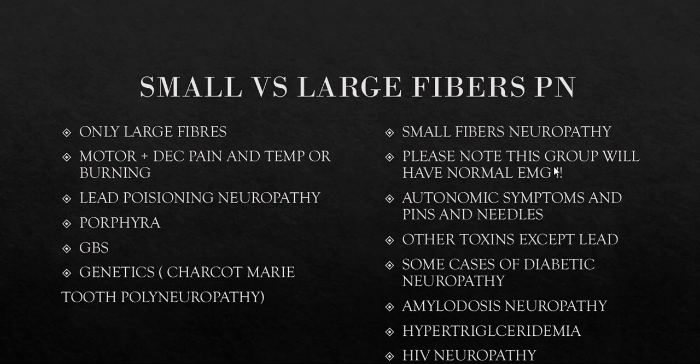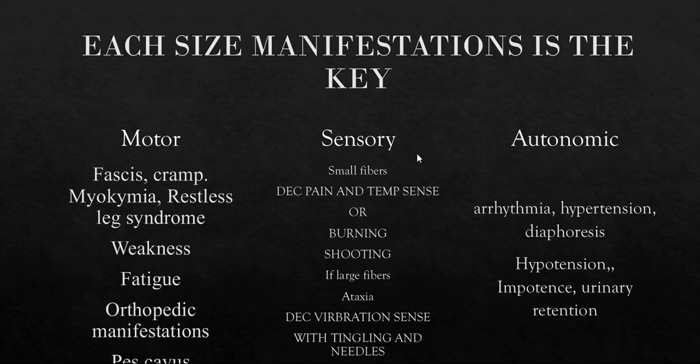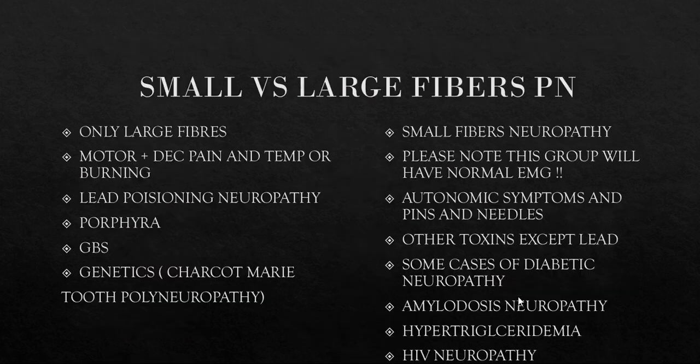Or if it is a small fiber neuropathy, of course you understand that in this scenario the EMG results will be 100% normal, because the EMG will never be able to pick up the signals from small fiber neuropathy. In this case, the patient will have the autonomic symptoms we just talked about, and pins and needles, because the small fibers of the sensory nerves are damaged, so the patient has burning and shooting pain in conjunction with the autonomic manifestations.